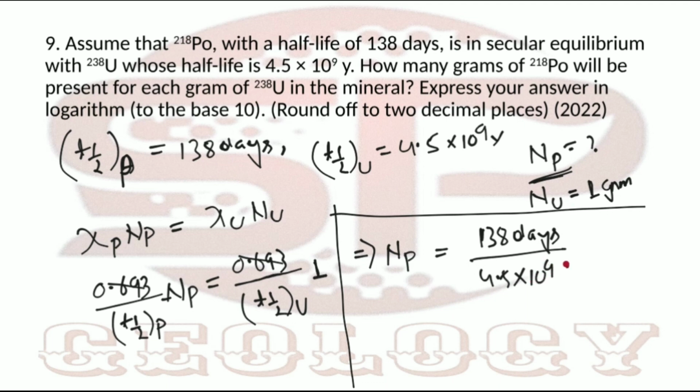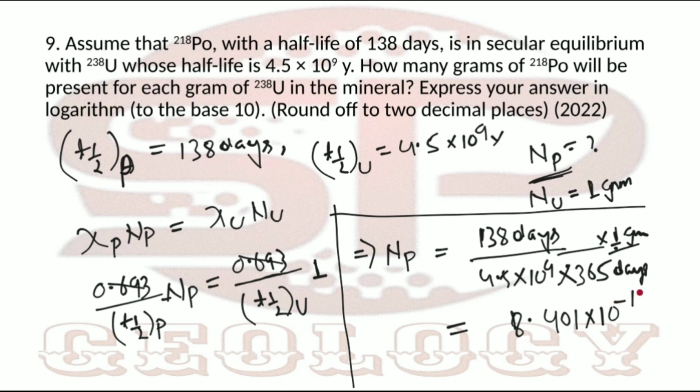So I have to convert it into days. It will be 365 days. The NP, for 1 gram, will be 8.401 into 10 to the power minus 11. This much will be NP. But we have to express our answer in logarithm base 10.